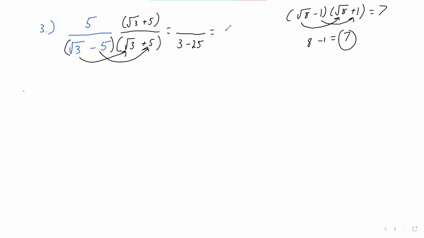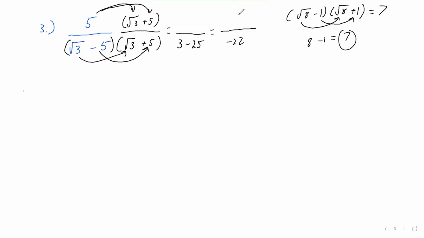Because the 3 was there. And then what's 3 minus 25? So this is that full part. I'm doing the first and the last only. So it'd be -22. But I'm left now with the number that's not a radical. But I still have the work to do up here. So just like in the previous section, I need to distribute this. So it's 5 times square root of 3. Remember, this is not in a radical.